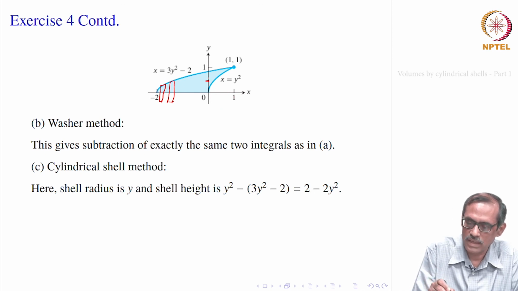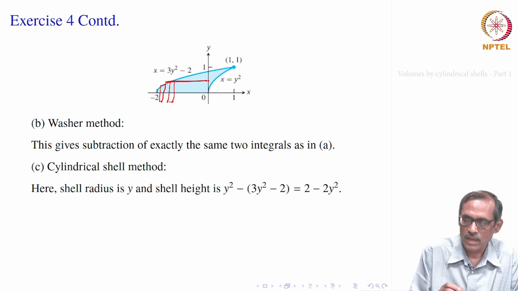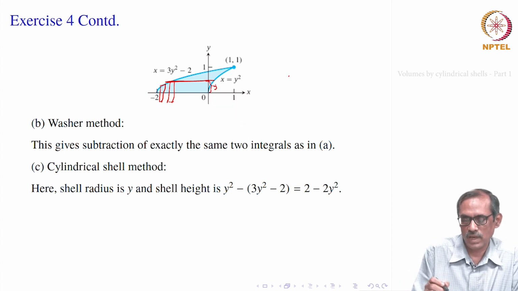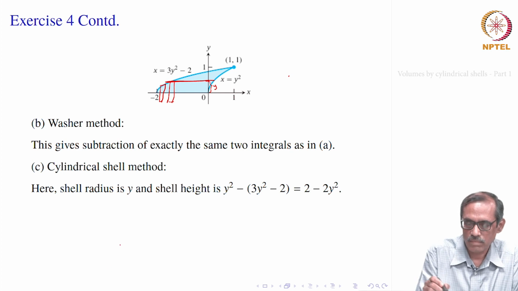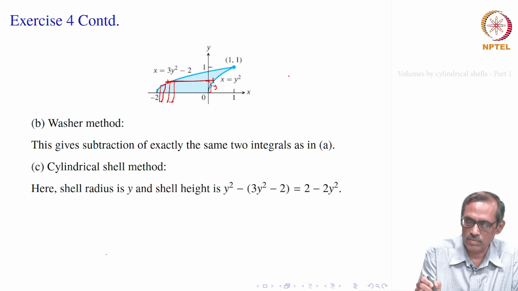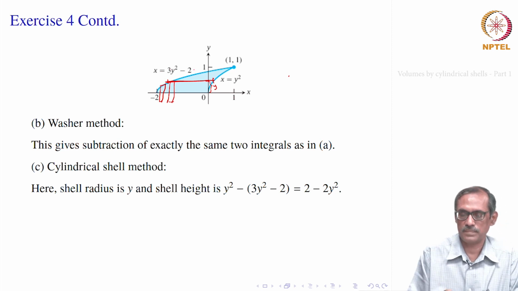What is the shell radius? It is y. And what is the shell height? The shell height is the length between those two points, so we compute from 3y² minus 2 to y², and that gives the length.